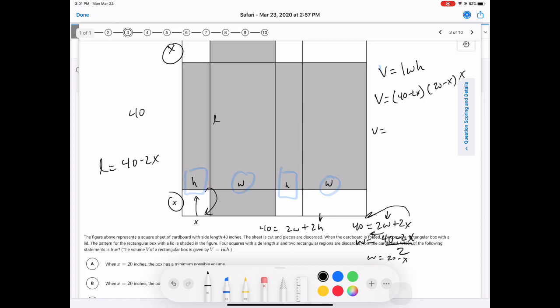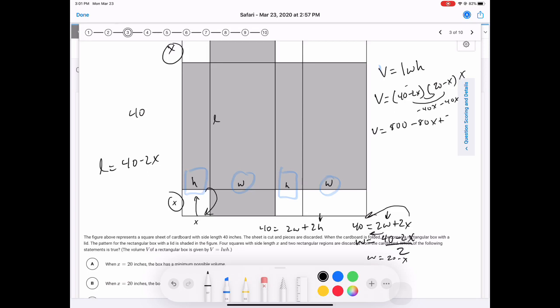The volume is equal to, we can multiply those together. It's going to be 800, then negative 40x and negative 40x, that's negative 80x.